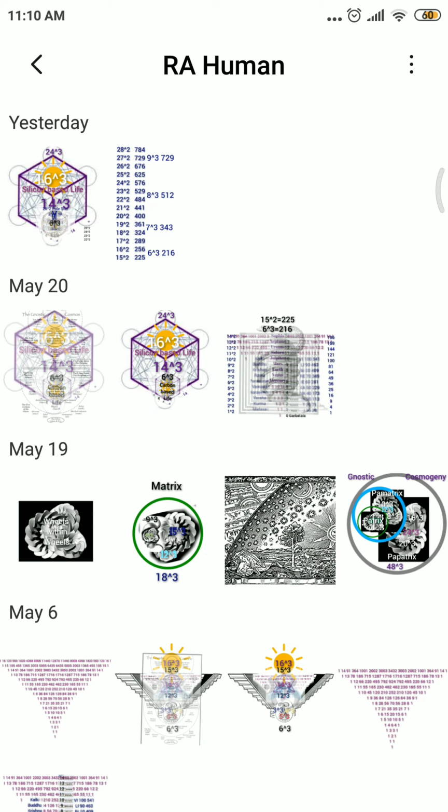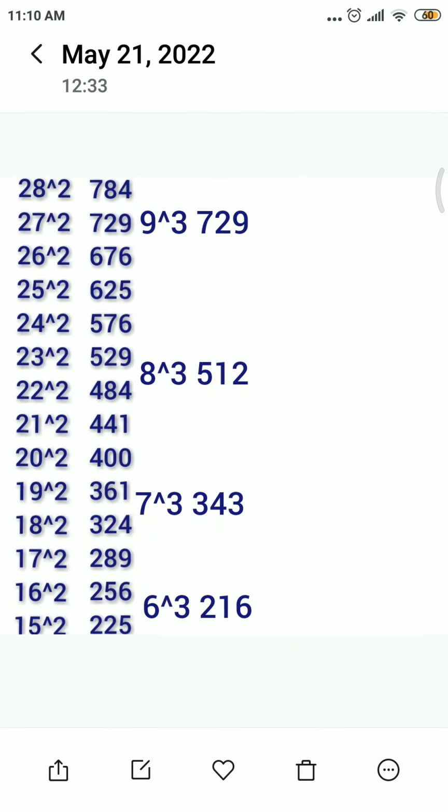So these 4 elements, natural elements or bhutas or whatever you call them, are able to contain and control the domain till Saturn only. So after Saturn, what happens? Here 6 cube is formed.